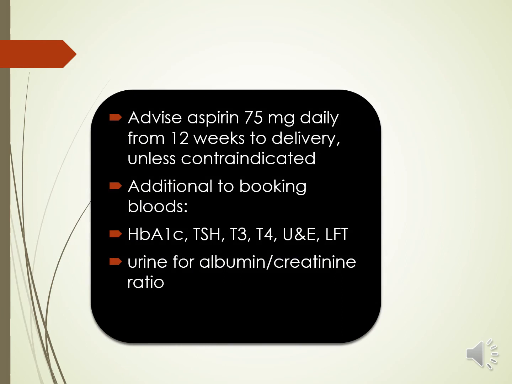Advise pregnant diabetic women to take aspirin in a dose of 75 mg daily from 12 weeks to delivery unless it is contraindicated. Additional investigations: she will need hemoglobin A1C in each trimester, booking investigations for thyroid function test, urea and electrolytes and liver function test, and urine for albumin creatinine ratio.